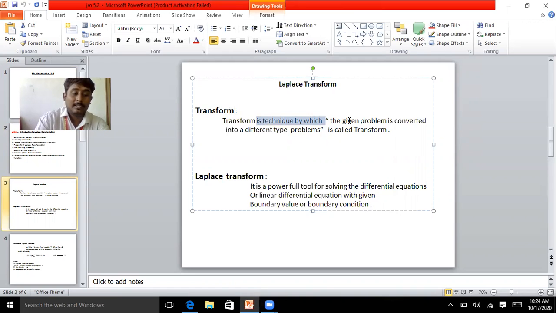Instead of solving the given problem, we solve the transformed problem, which is easier to solve. Next, Laplace transform. It is a powerful tool for solving differential equations or linear differential equations with given boundary values or boundary conditions.